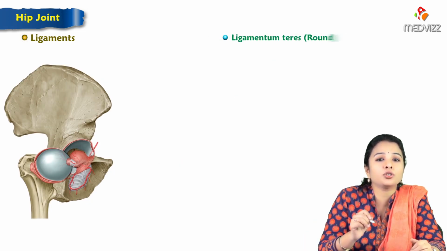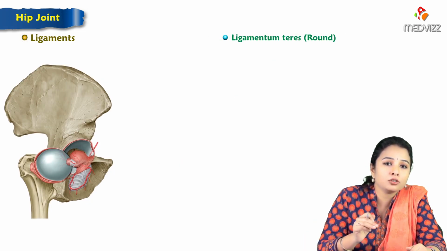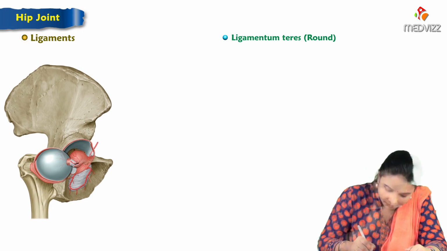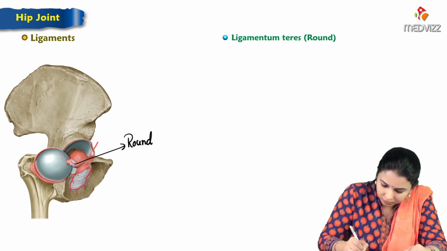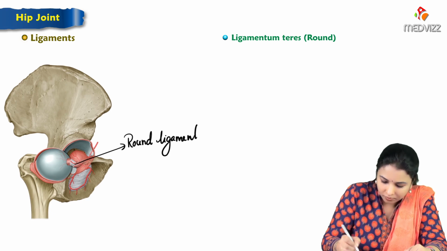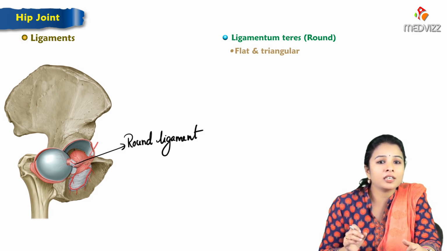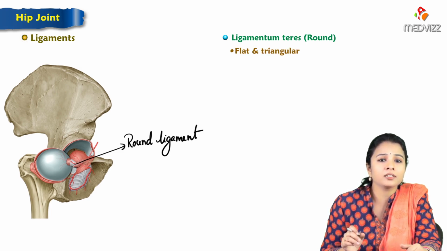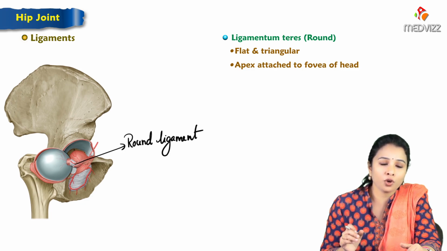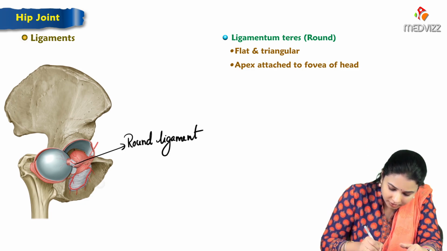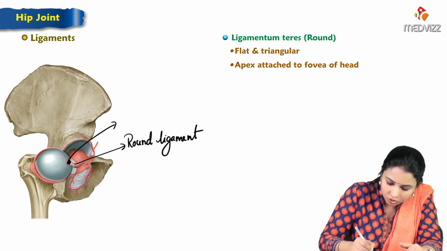Okay, next we move on to the ligamentum teres, which is also called the round ligament, or ligamentum teres of the head of the femur. Actually, it is like a flat triangular ligament with the apex attached to the fovea of the head. So here is the apex attached to the fovea.